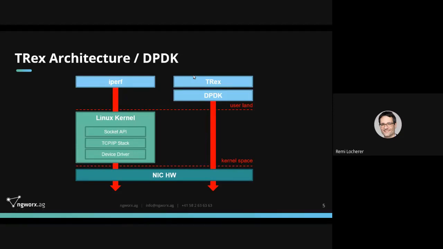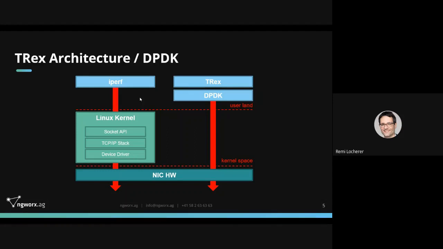So how does it work? How is the architecture, and why is it super fast? On the left side of this diagram, we see how traditional tools work. I just wrote iPerf here, but it also applies to other tools. If they want to generate a packet, they go through the full TCP/IP stack of the Linux kernel.